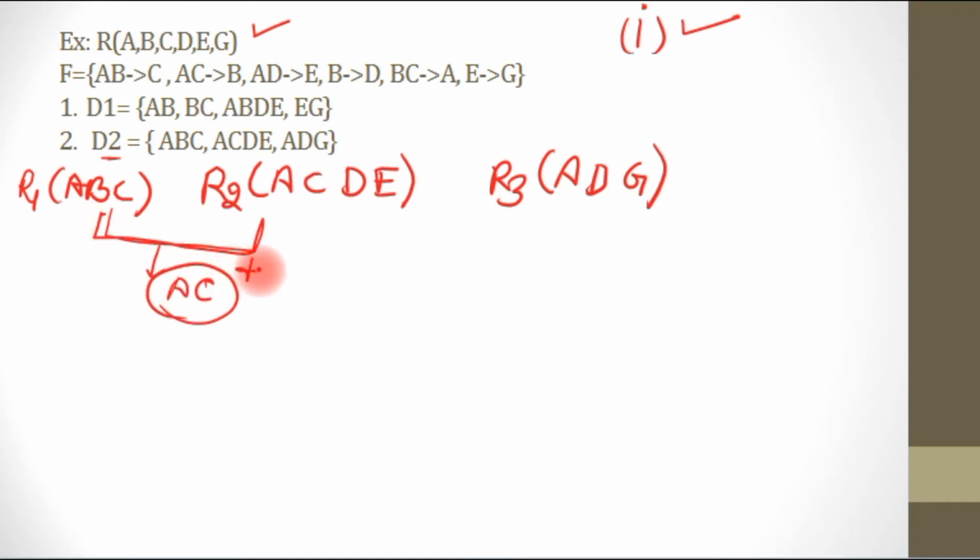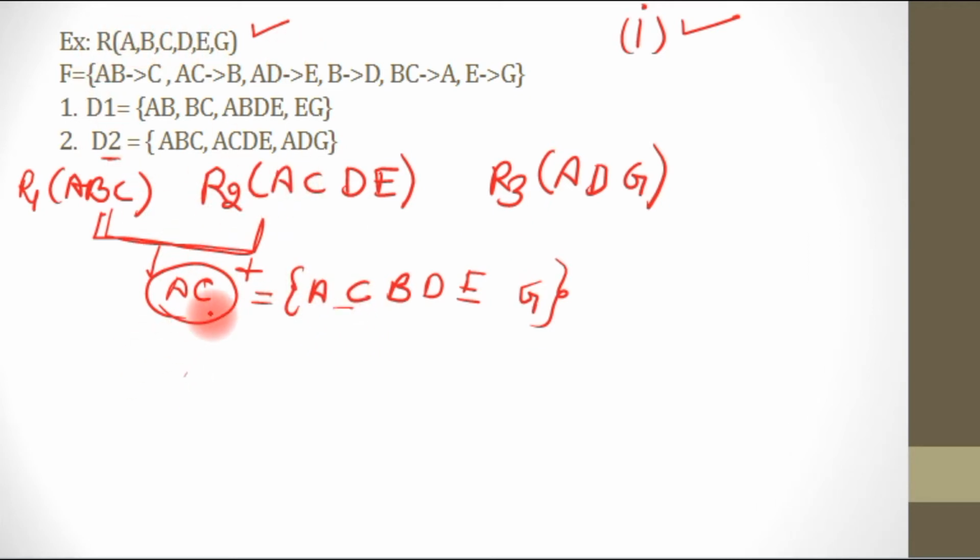For this we have to find the closure of AC. So A, C. AC determines B and AB determines C. Okay. B determines D. AD determines E and E determines G. So yes, AC can determine all the attributes of the original relation.